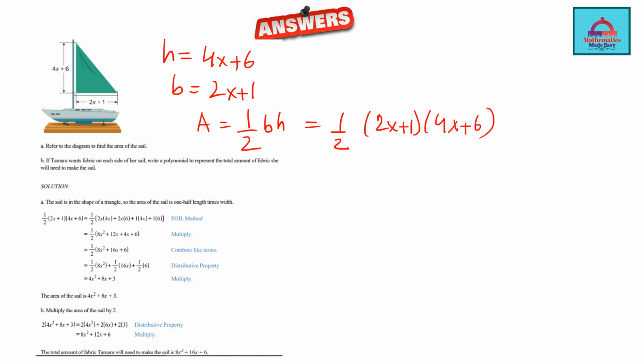Now you can use the FOIL method again for multiplication. Do watch the video that I've made on the FOIL method and then simplify this as 4x square plus 8x plus 3. That's the area of the sail. Now for B part, I told you the area would be multiplied by 2. So just multiply it by 2 and get your answer as 8x square plus 12x plus 6.